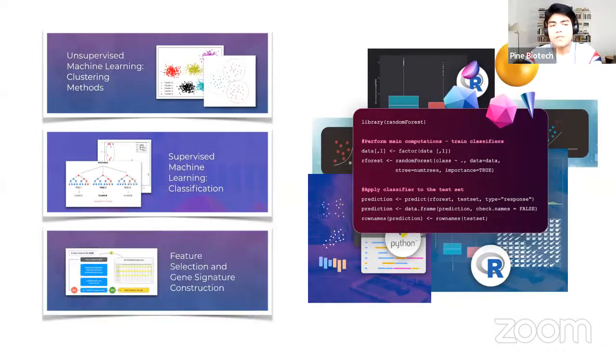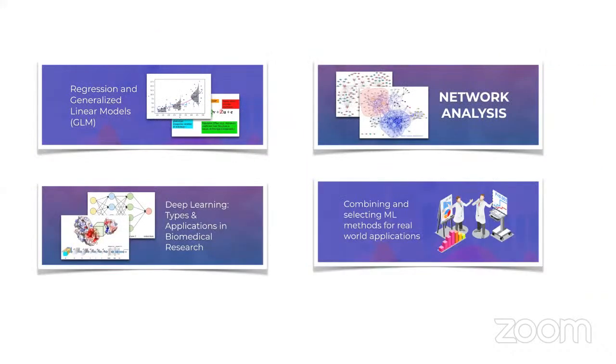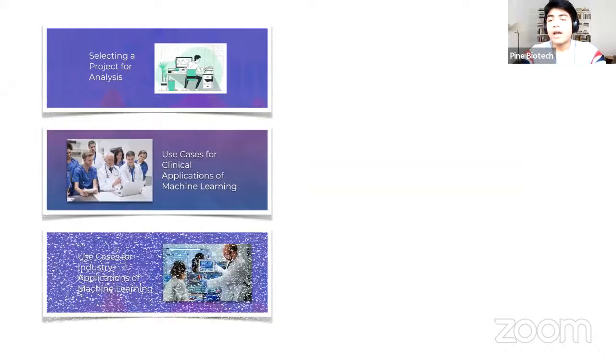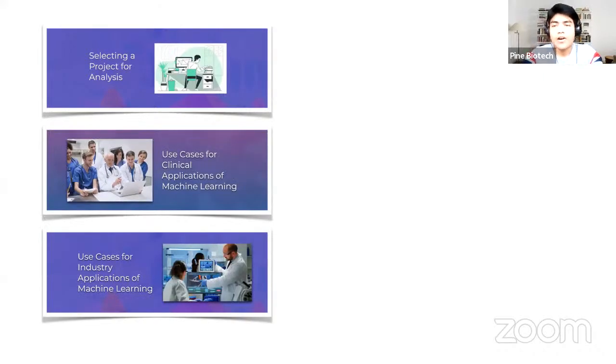Through these programs, we help students understand the concepts behind unsupervised machine learning, various clustering methods, supervised machine learning, feature selection and regression models, deep learning, and network analysis, and also combining various strategies for machine learning in general. We also have a special design of delivering training programs, which includes a hands-on aspect as well as project-based learning.